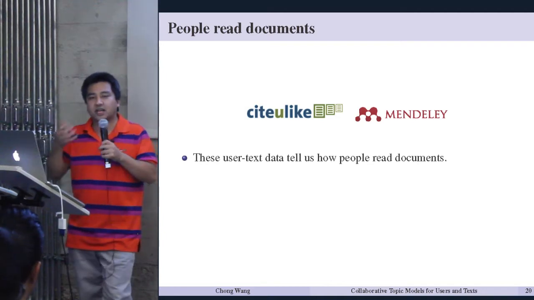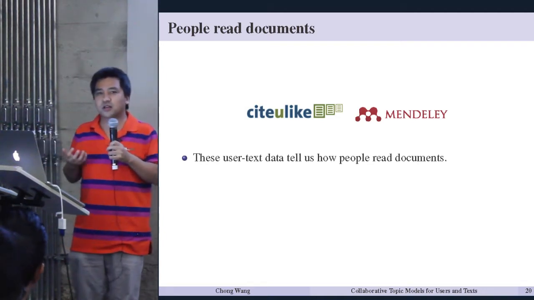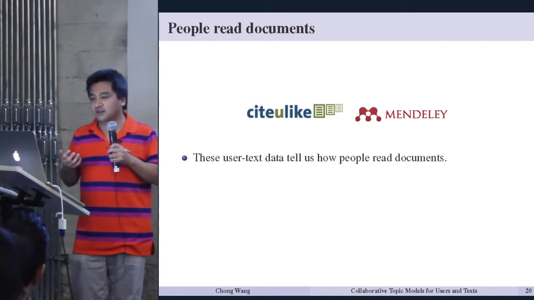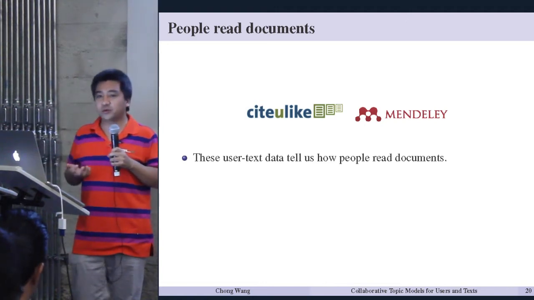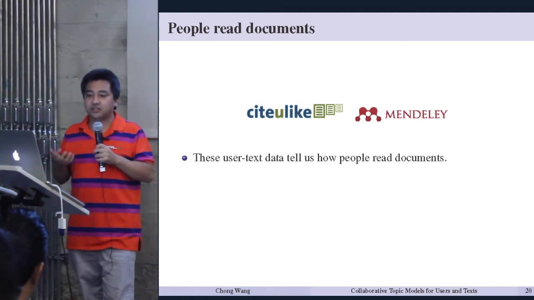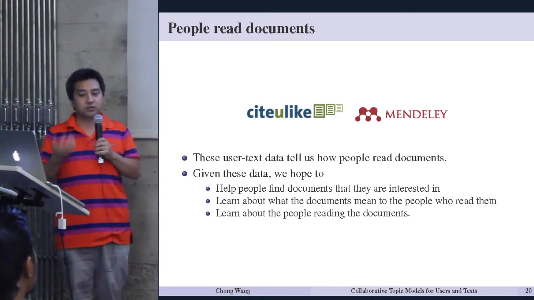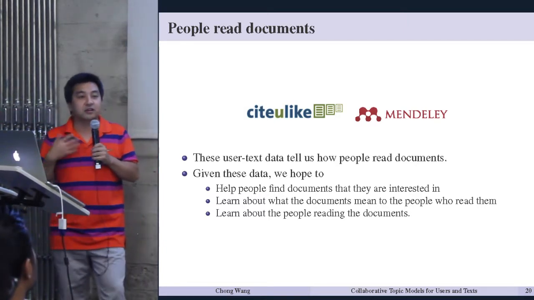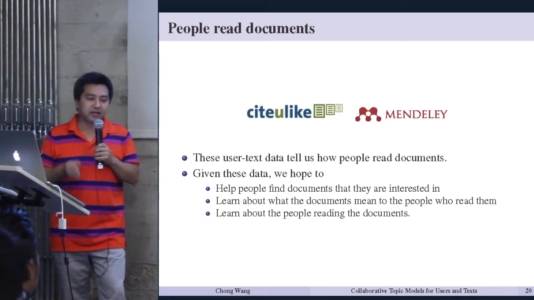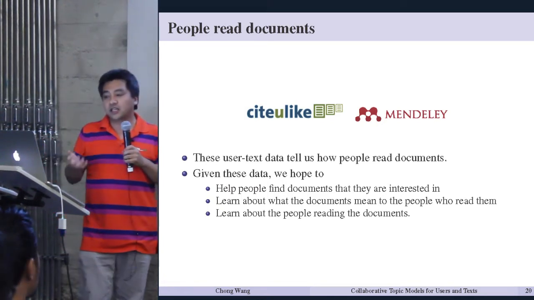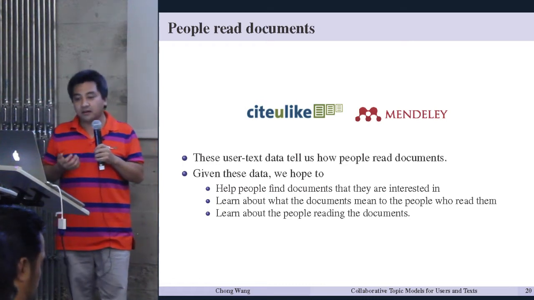You read a document with a goal in mind. You don't just randomly scan documents; for whatever reason, you want to read something that's interesting to you. So given this data, we hope to help people find documents they are interested in. There are three goals here, which are a bit vague now but will become clearer later on.